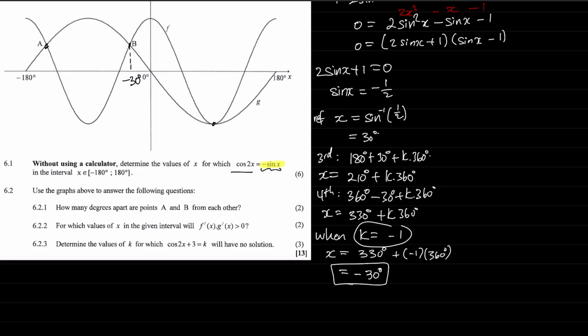So k is minus 1, we can substitute it in there. So we're going to get x equals 210 plus minus 1 times 360. And that's going to give me an answer of minus 150 degrees. And that's my other solution. And that will go right here. So we've got two solutions.